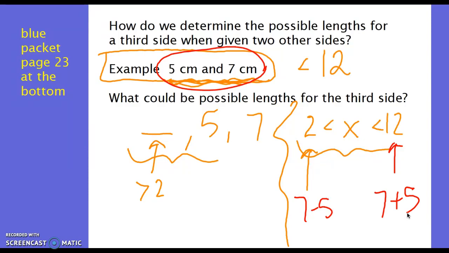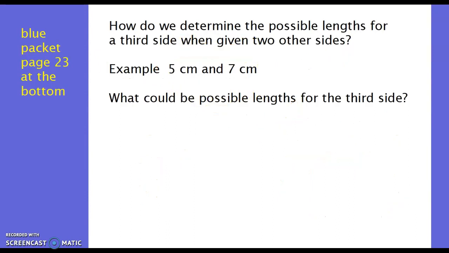So any third side would have to be in between 2 and 12. So it could be 3, 4, 5, 6, 7, 8, 9, 10, 11, and even decimals and fractions would fall in between there. So again, to figure out a possible third side when you're given two sides, all you have to do is add the two sides that you're given together and subtract them, and know that your side will be in between those two.